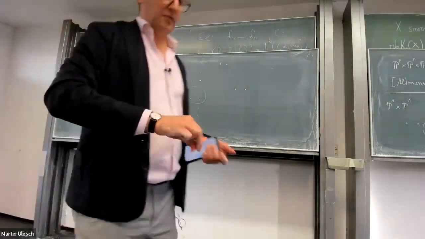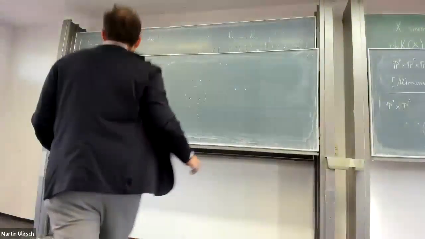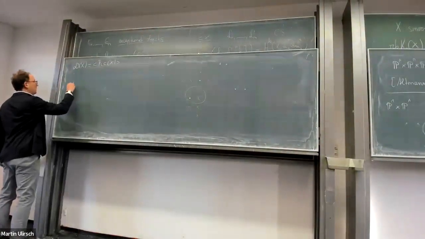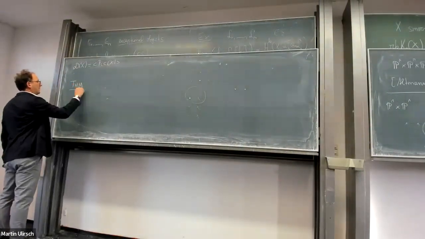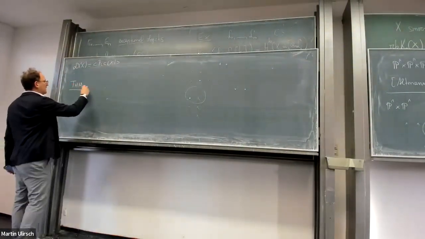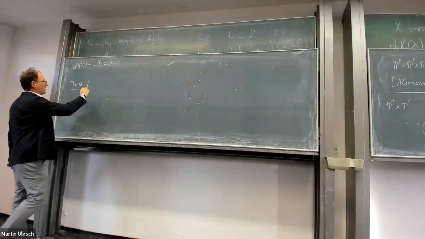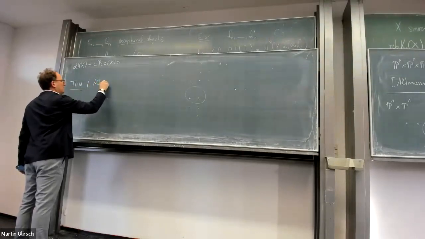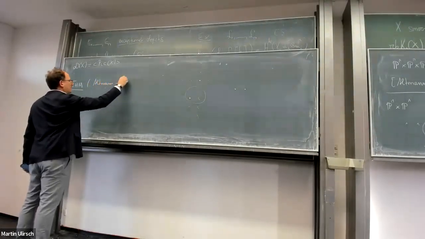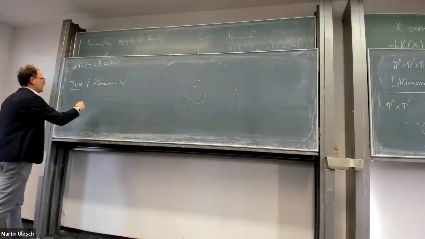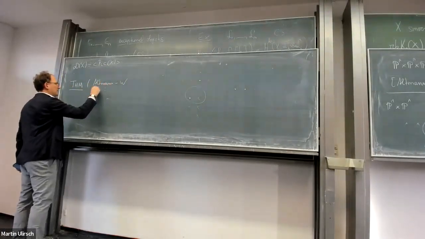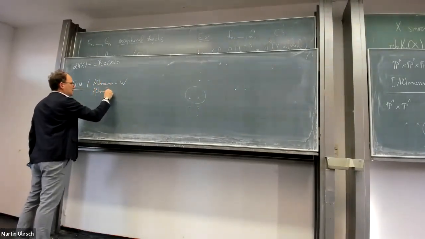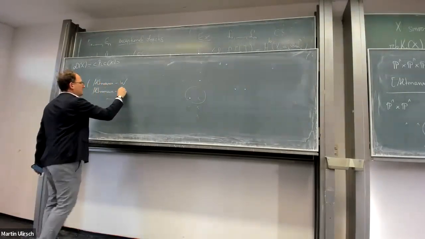In general, and I will close with this, the argument in the splitting case is due to myself, and in the cotangent case to Bogenegger and myself.